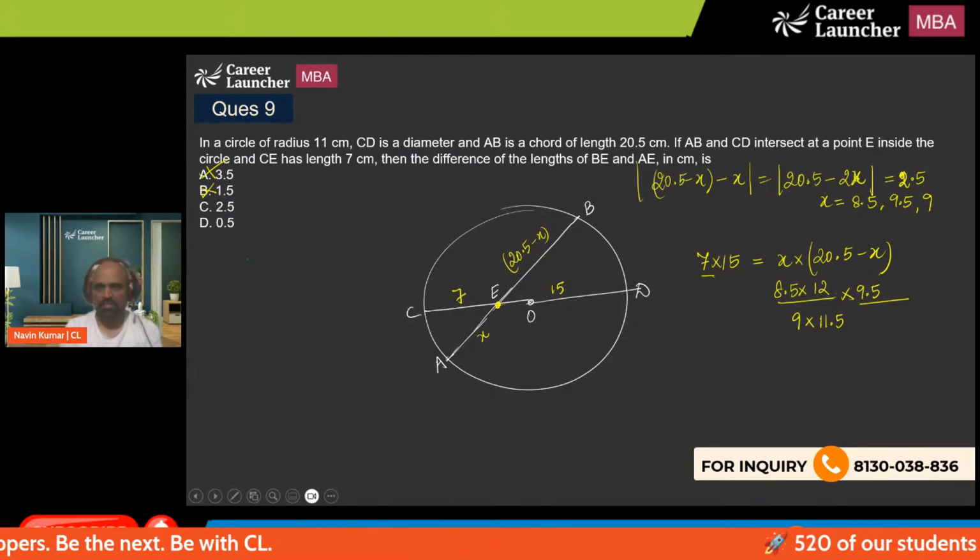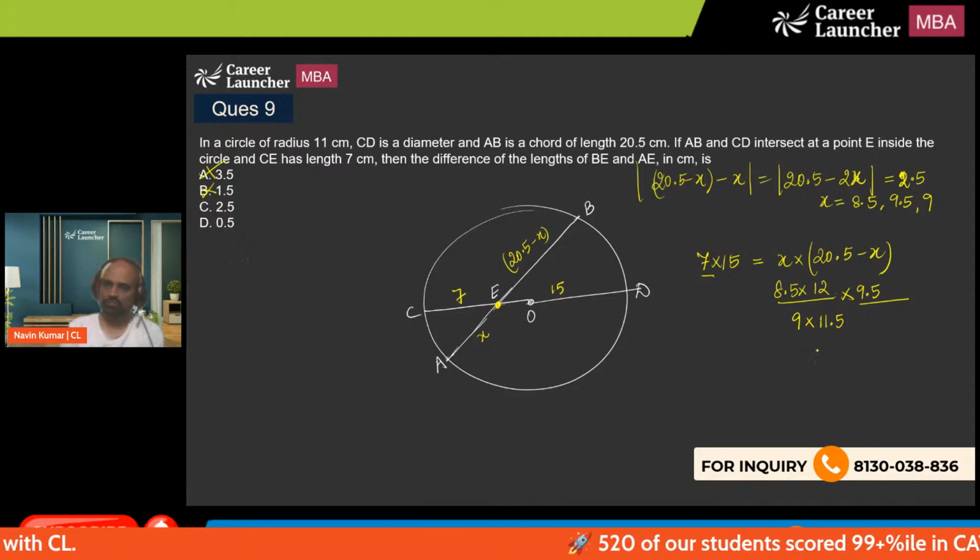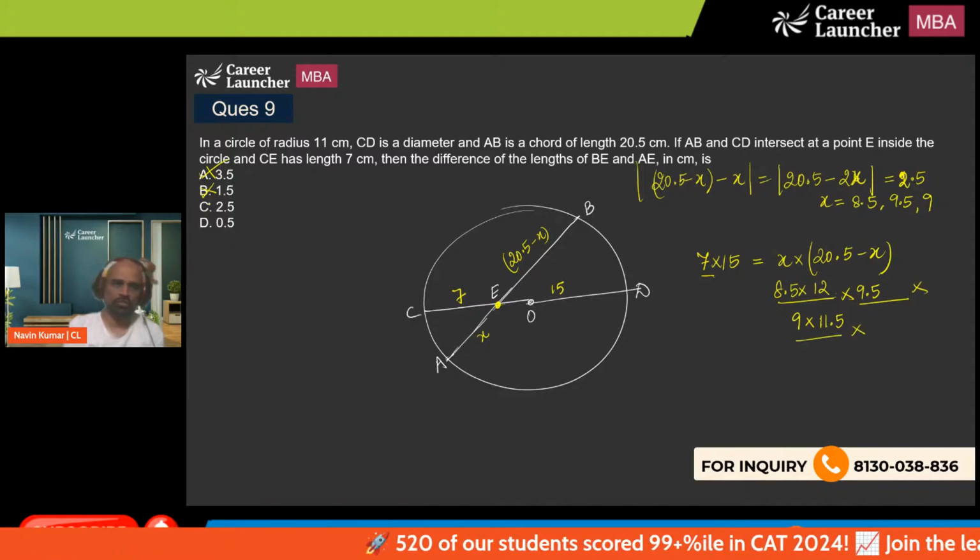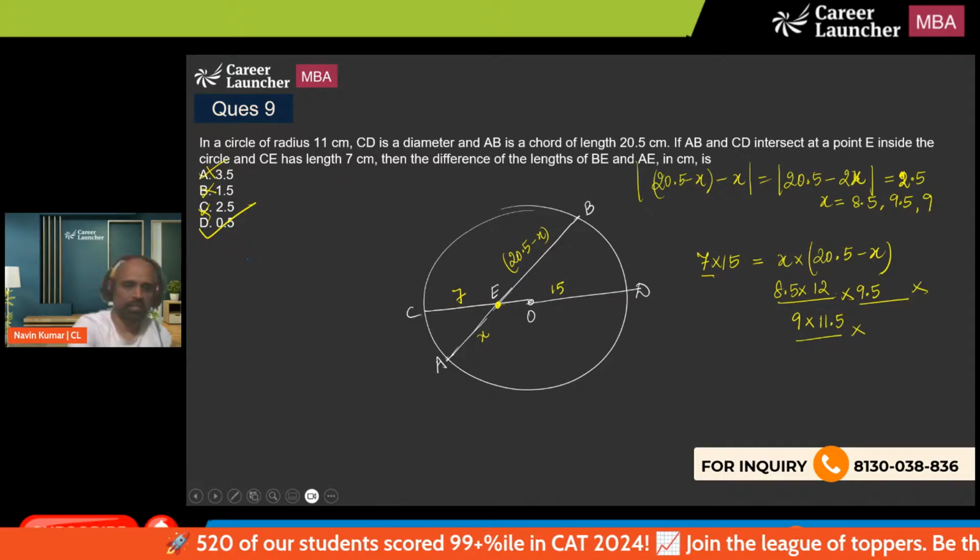Is it in the table of 7? No, it's not. So if these three are not correct, then it will be D, obviously.